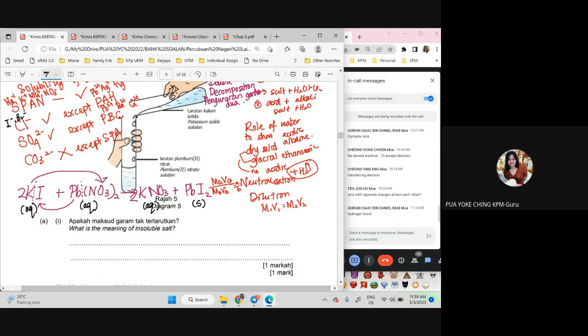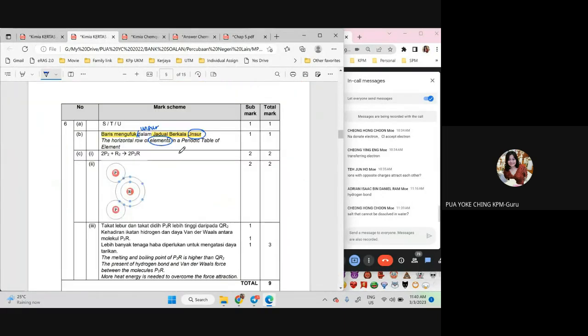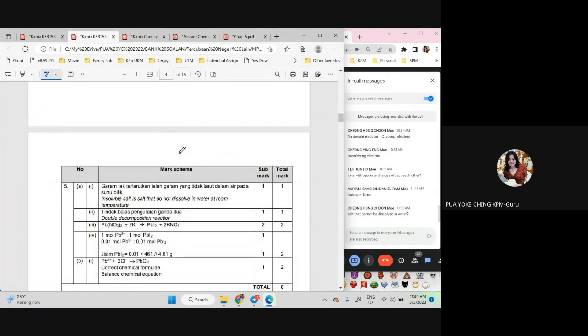Anyone? Salt that cannot be dissolved in water. Yes, that's all. Tu je. Okay. Garam tak terlarutkan adalah garam yang tidak larut dalam air. So sometimes there will be a very simple lah.